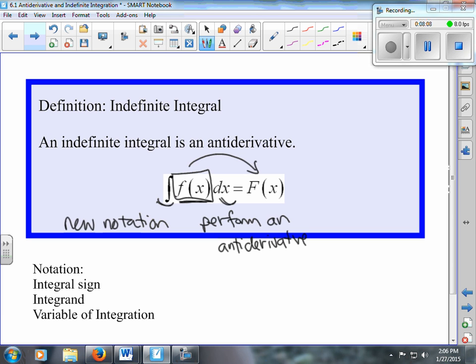So the integral sign is that long skinny S, and it is an S, but it's very long and skinny, and S stands for sum, which seems strange, but that's what it is. The integrand is what you're doing the antiderivative of. It is the function inside. So in this notation, it is f of x.